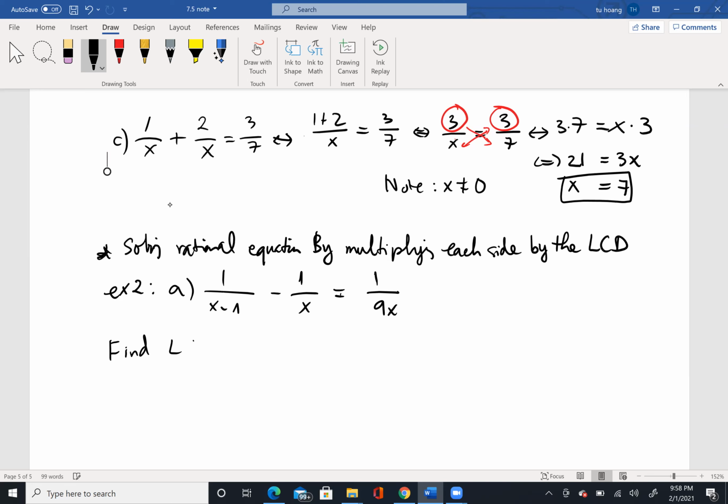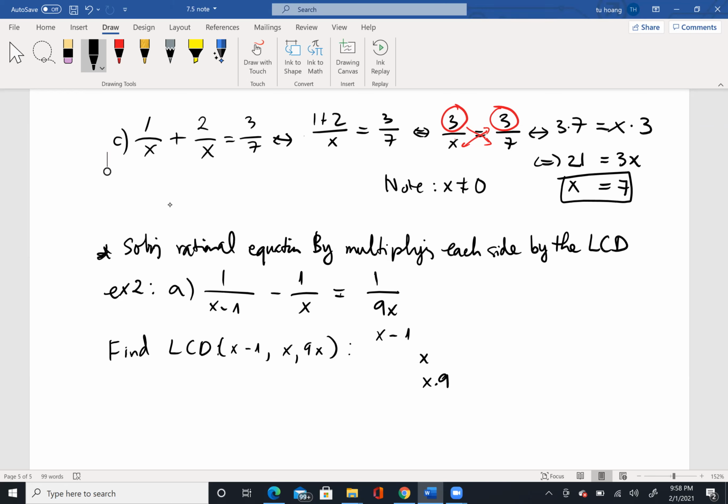Find the LCD of x minus 1, x, and 9x. So if you want to use the listing method, you have x minus 1, you have x here, and you have 9x, with x from 9. Right? You're going to factor it.